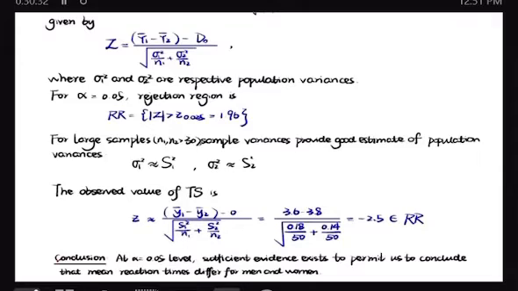Look at the way we normally say: at alpha equal to 0.05 level of significance, we have sufficient evidence that permits us to conclude that the mean reaction time differs for men and women.